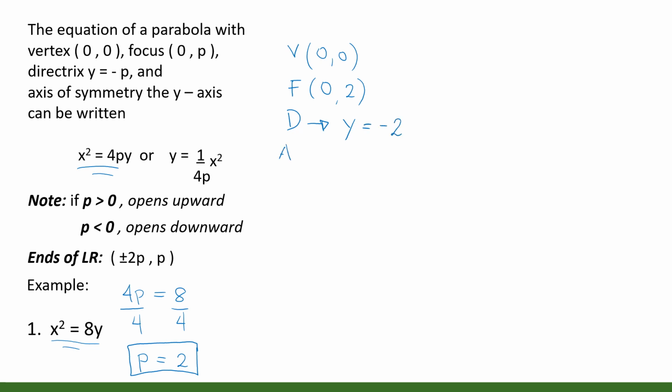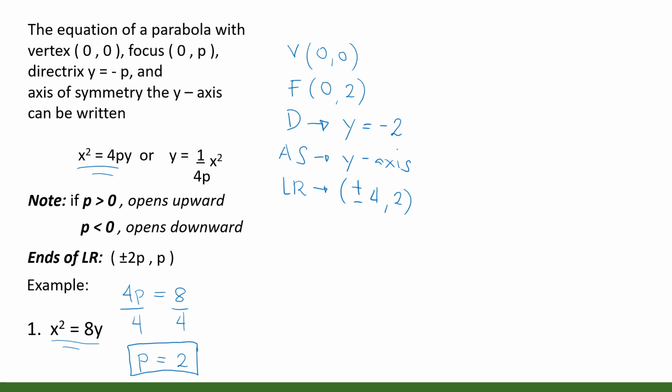And the axis of symmetry is the y-axis. And our ends of the latus rectum are what? Plus or minus 2p. So 2 times 2, since the value of p is 2. So we have here plus or minus 4, and then p is 2. So these are the ends of the latus rectum.